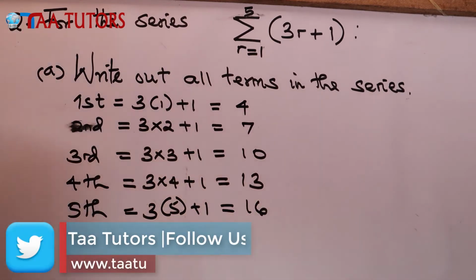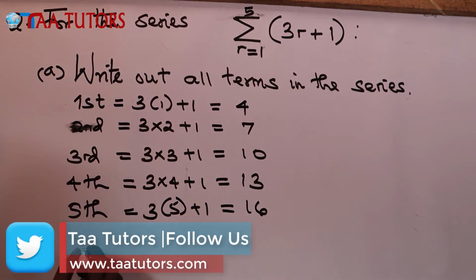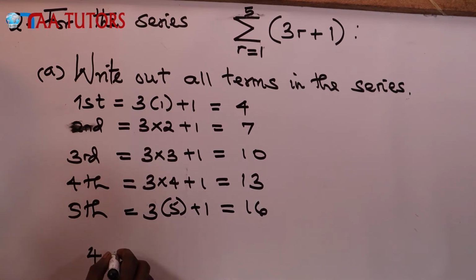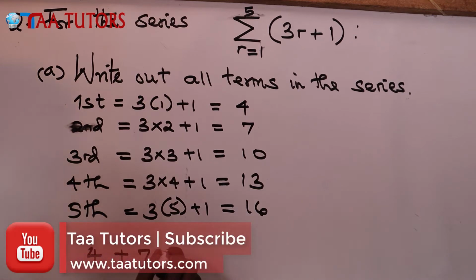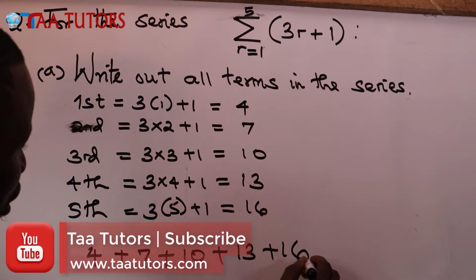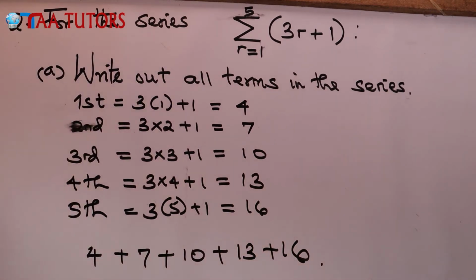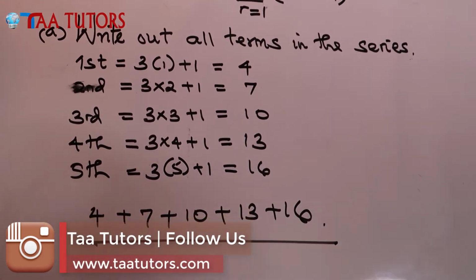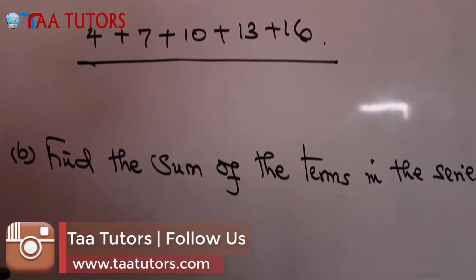So the terms in the series will be 4 plus 7 plus 10 plus 13 plus 16. Those are the terms of this series. Now find the sum of the terms in the series.